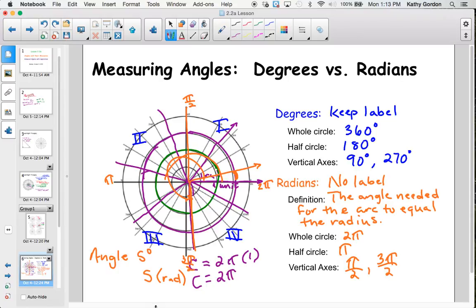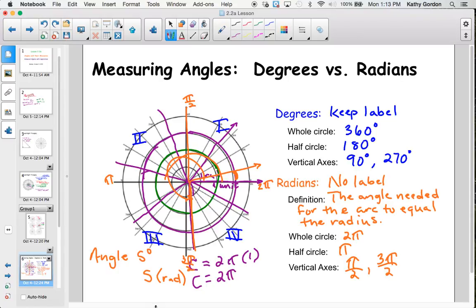If I'm taking the ratio of those two things, whatever their units of measure are, cancel out. That's why radians have no labels to them. There are no units to radians, which is why you use those in physics problems more than you do degrees.